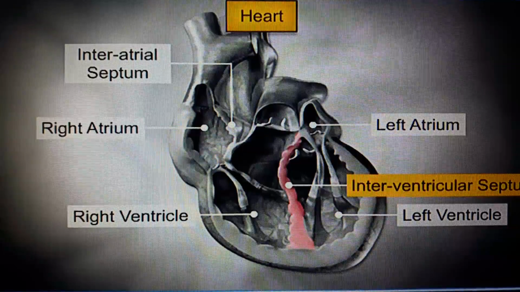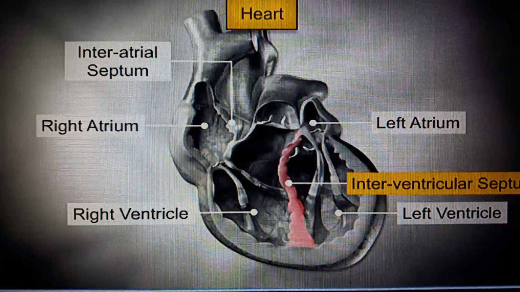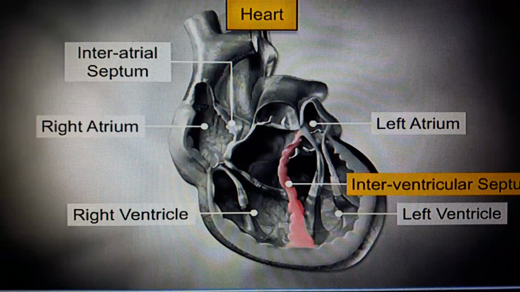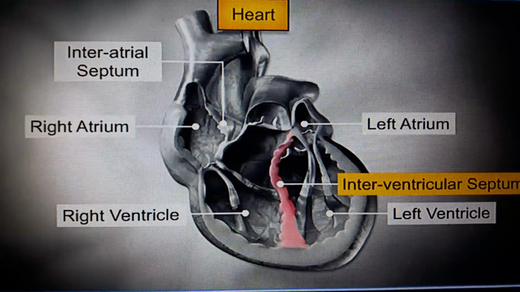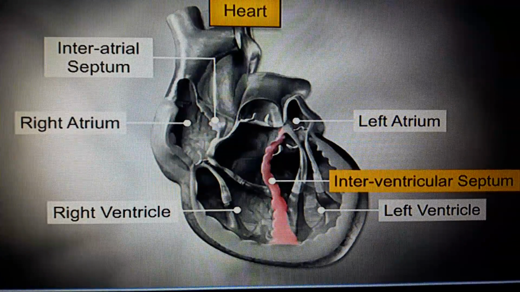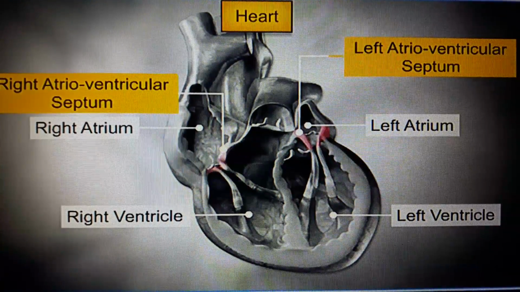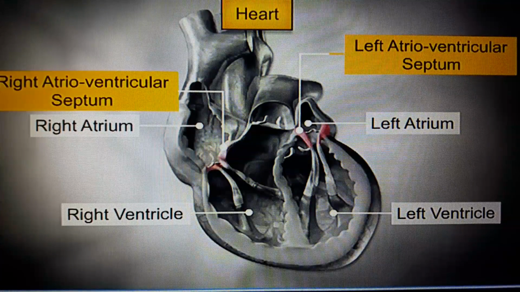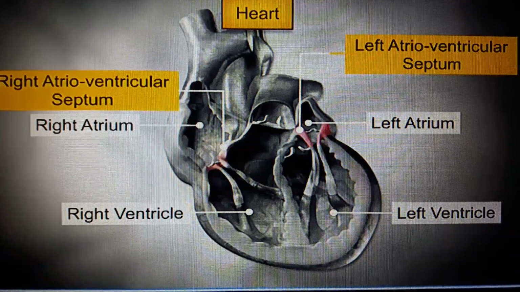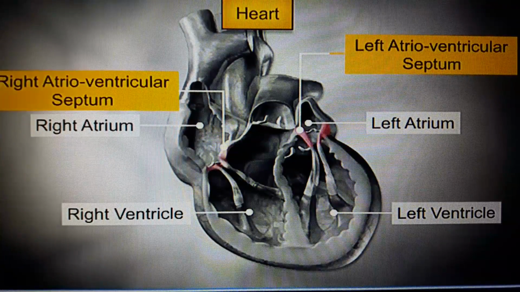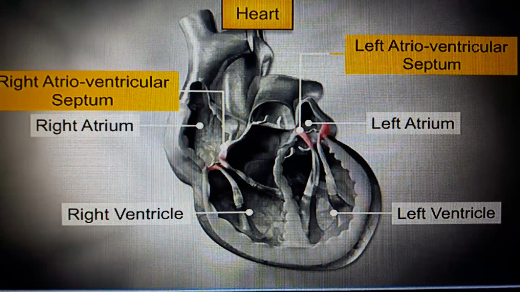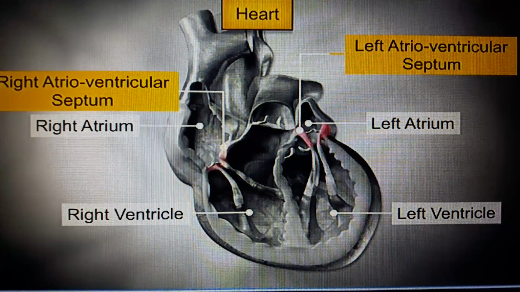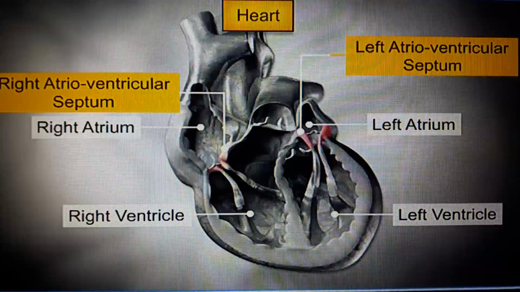The right and left ventricles are separated by the interventricular septum. The left atrium and ventricle are separated by the left atrioventricular septum, and the right atrium and ventricle are separated by the right atrioventricular septum.